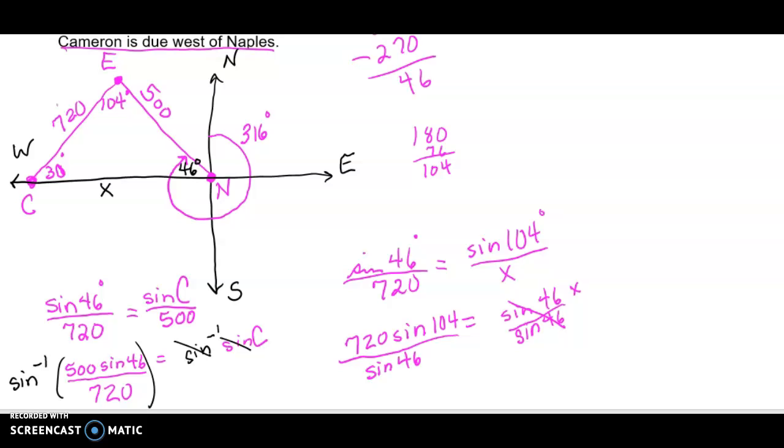Make sure you're in degree mode, and x equals 971. I think it was 0.2. You can do that. I know it's 971.